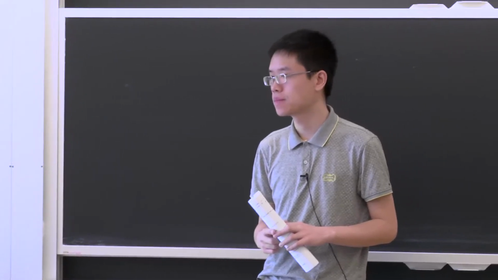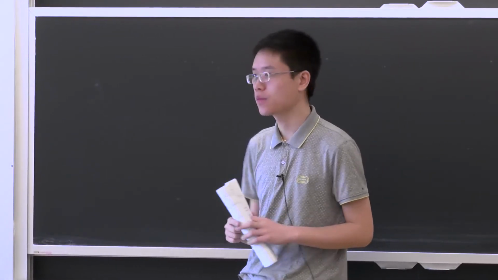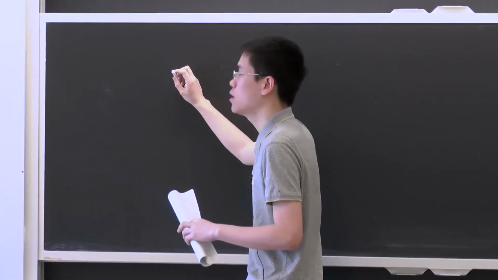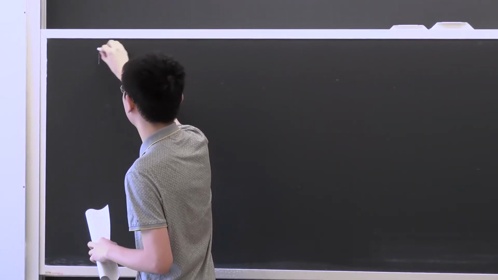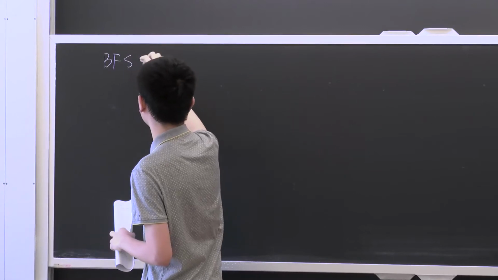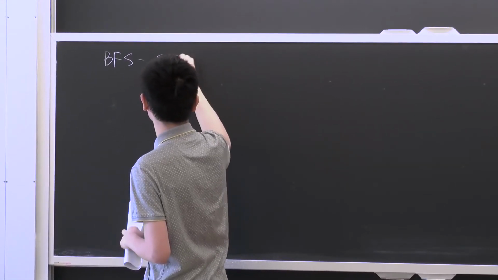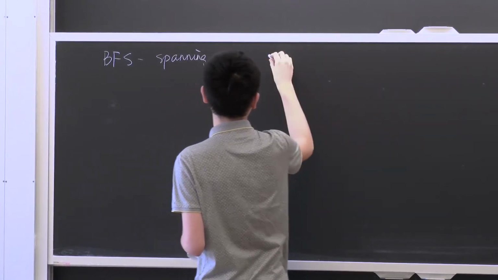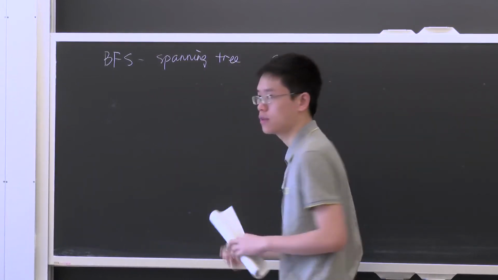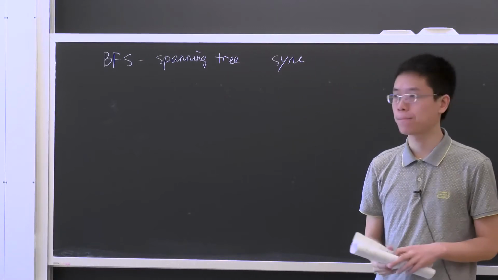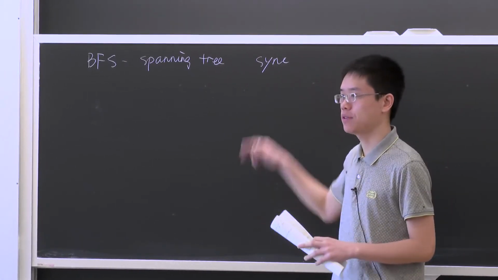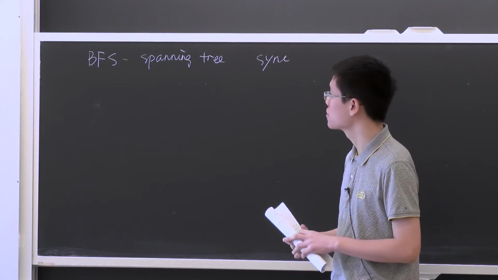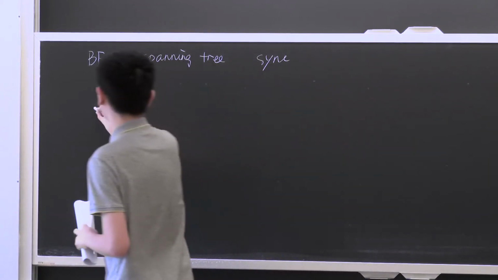How can we find this spanning tree? Good question. In the lecture, we have seen an algorithm that finds a BFS spanning tree for synchronous networks. This is a review of the lecture. How does it work?